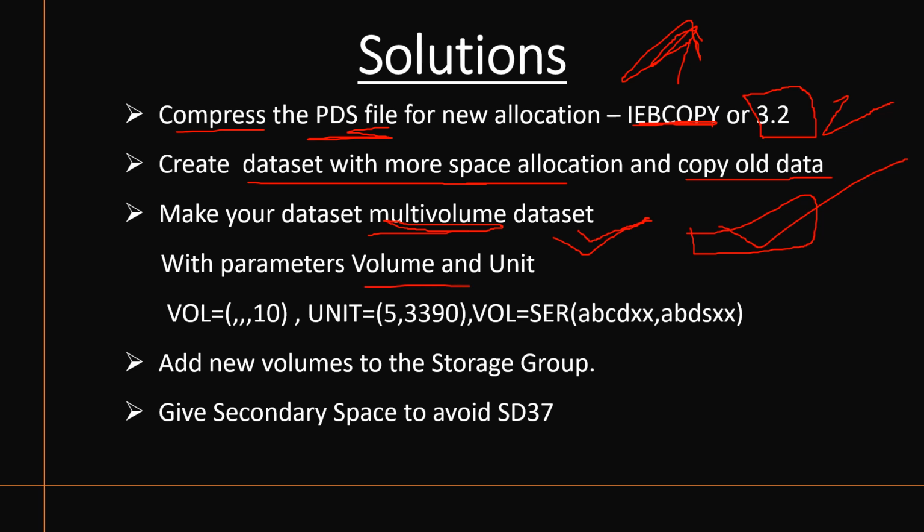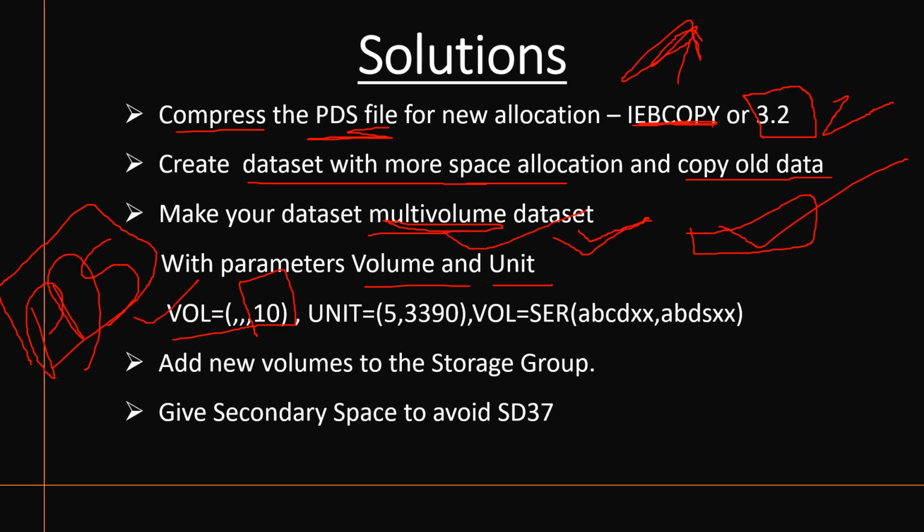You can give up to 255 volumes, but a PDS file only goes on one volume. That is the reason we get SE37 when there isn't enough space. Remember, a PDS file is a single volume data set. You cannot make a PDS file multi-volume.